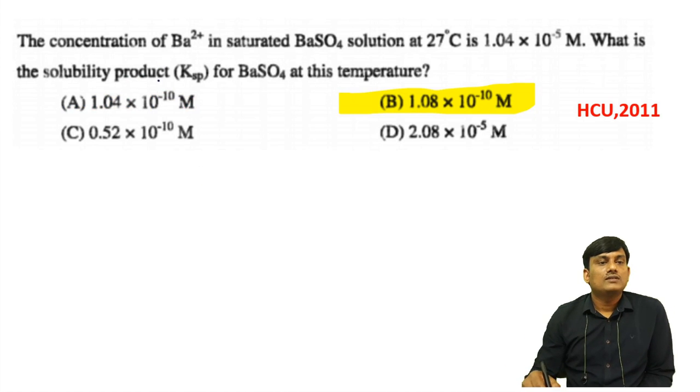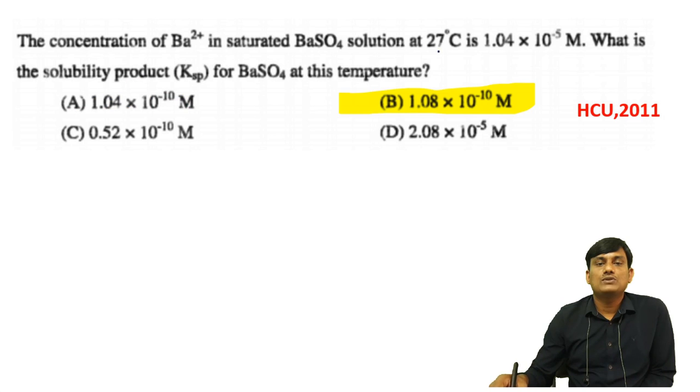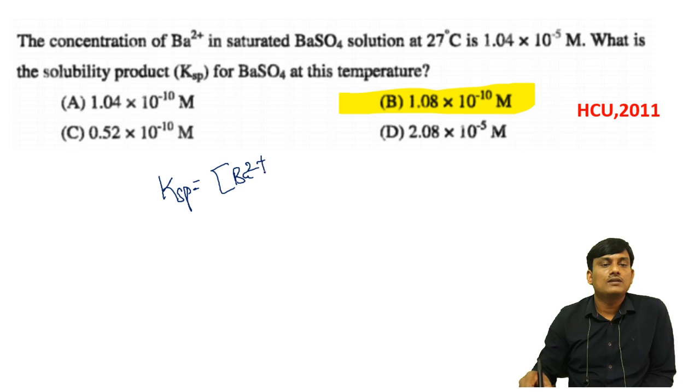The concentration of Ba2+ in saturated BaSO4 solution at 27 degrees centigrade is 1.04 × 10^-5 molarity. What is the solubility product of BaSO4? Ksp of BaSO4 is the concentration of Ba2+ times the concentration of SO4 2-. Solubility is given.